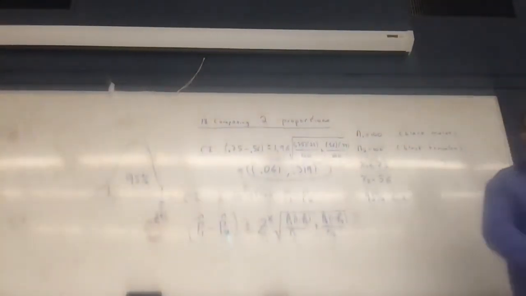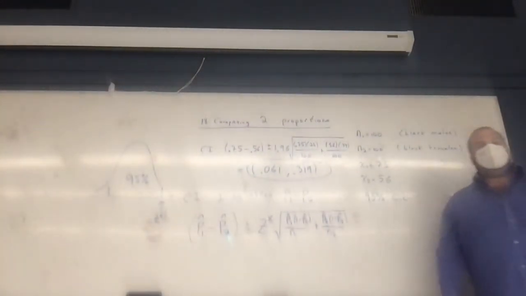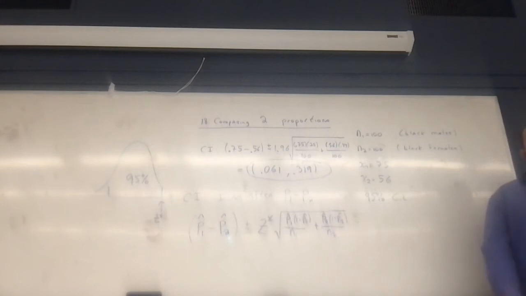Stat, test, and you go down to 2-PropZInt. You see 5 things you have to input, you just input them.